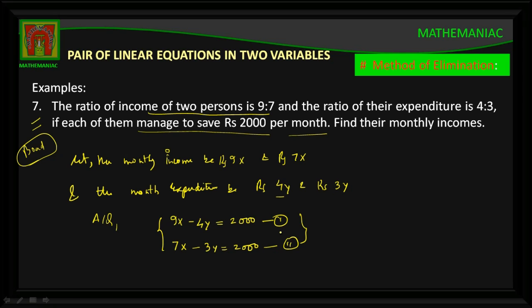Now choice is absolutely yours. Which variable you would like to eliminate, and then you proceed for multiplication. But I'll suggest you, because the coefficients associated with y are less, you try to eliminate y, better.